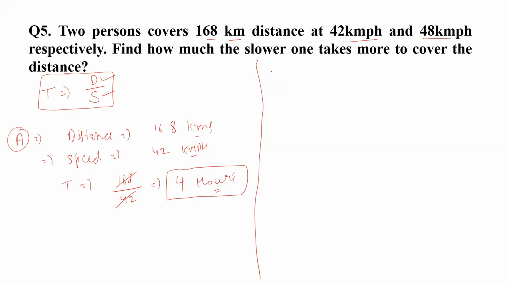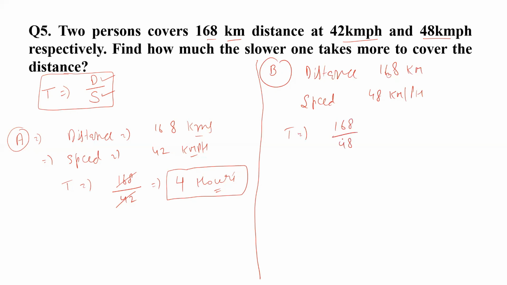In the same way, we can find this for B. The distance covered by B is again 168 kilometers, and the speed of B is 48 kilometers per hour. This is easy to solve. We can find the time in this way: 168 divided by 48.